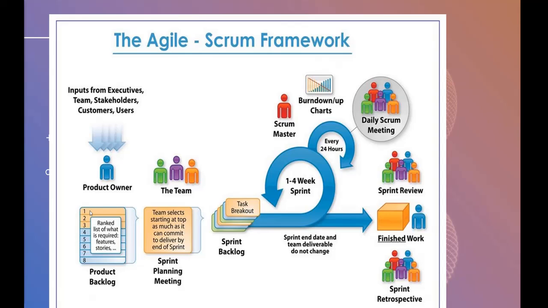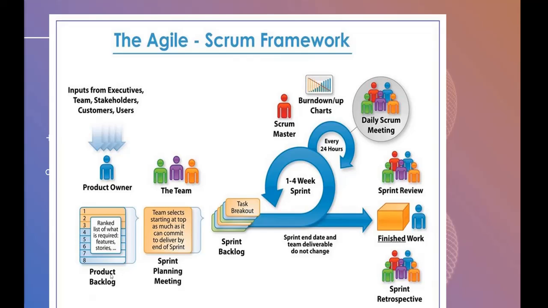For example, website home feature, then contact us feature, then map feature, then article feature, login information, registration information, all the things. And then he also ranked the list of what is required, feature and story. So he ranked the features.